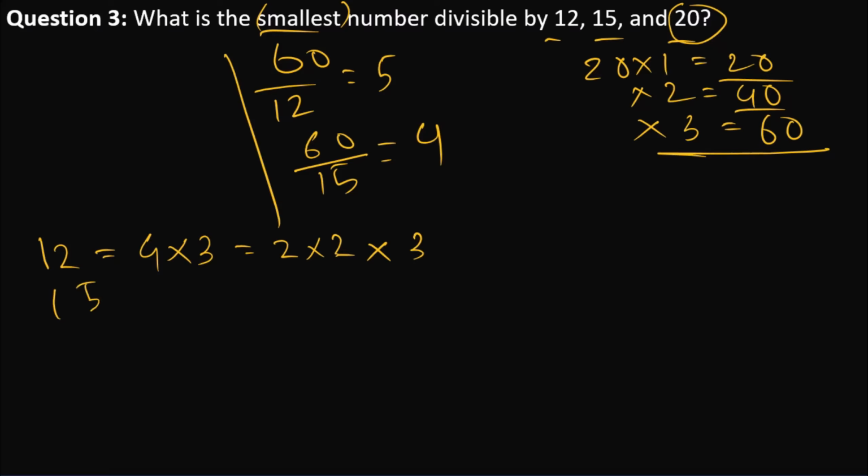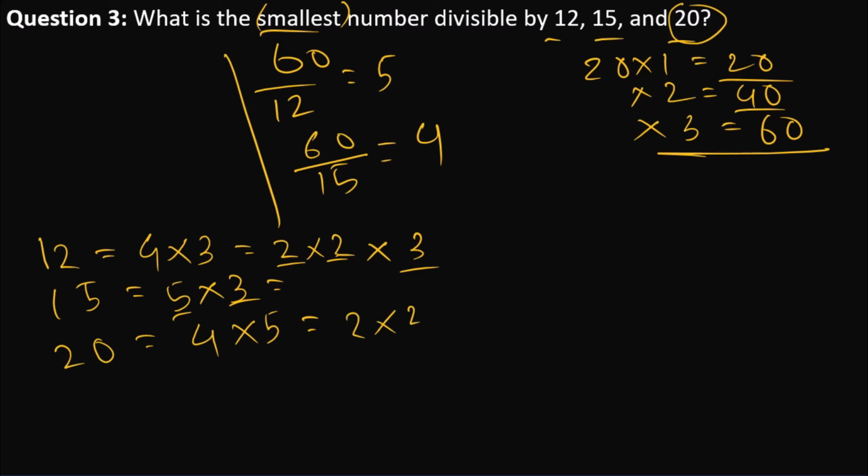So here 15: 5 times 3 equals 15. Here 3 is common, and 5 is different. And here 20: 4 times 5 equals 20. So 2 times 2 times 5 equals 20.